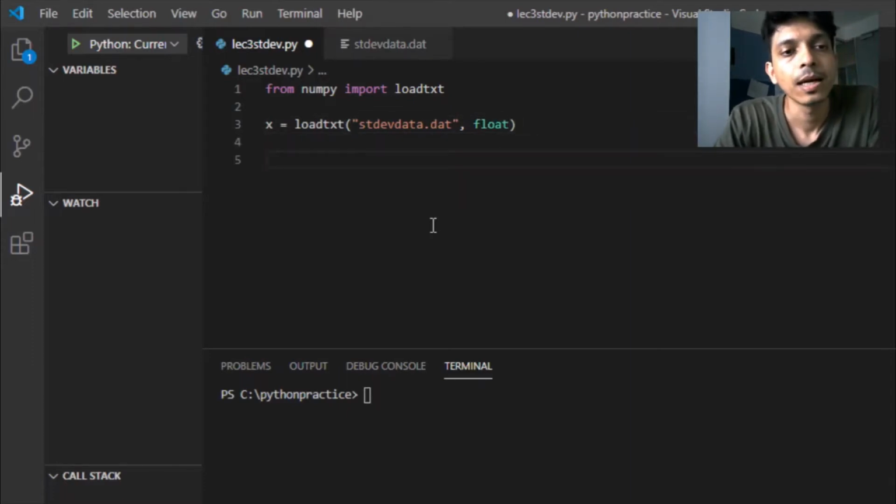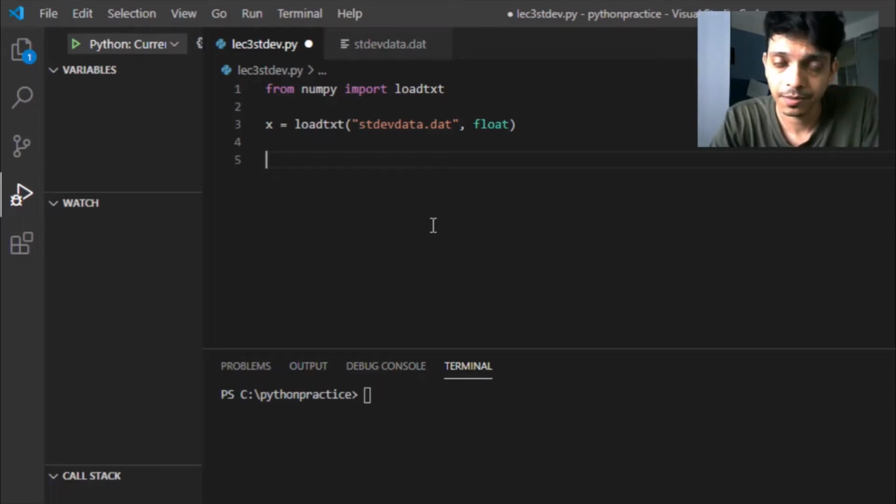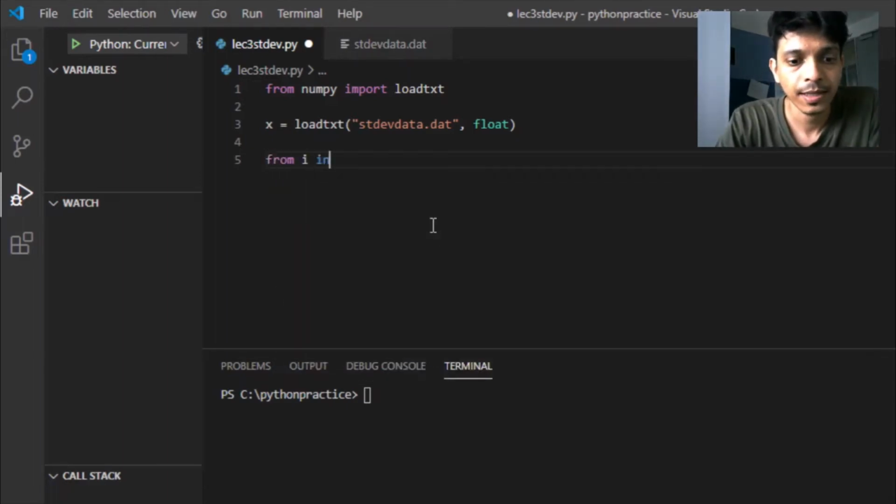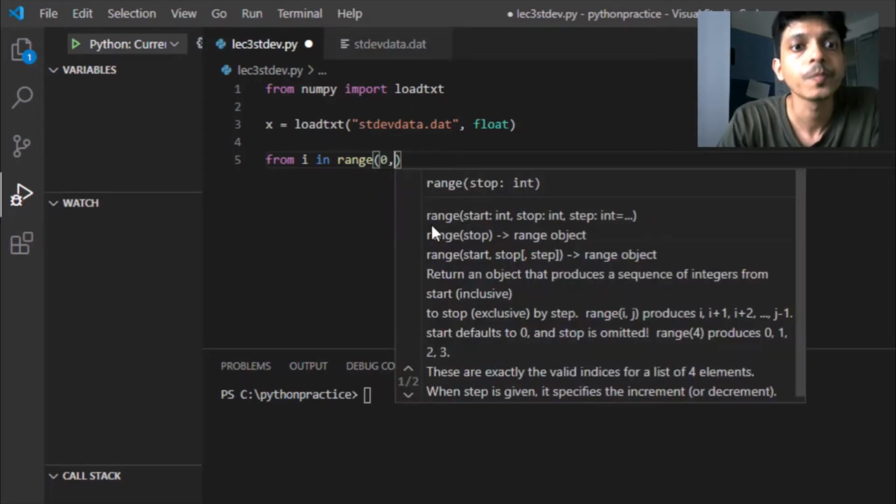Okay. Let's start running a loop because we need to calculate the mean, or the average, and the average of the square both. So for i in range 0 to, how many points are there in that file?